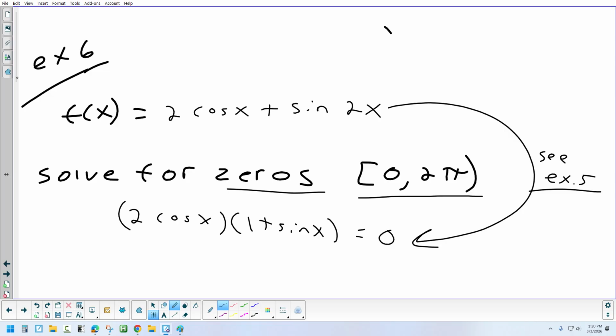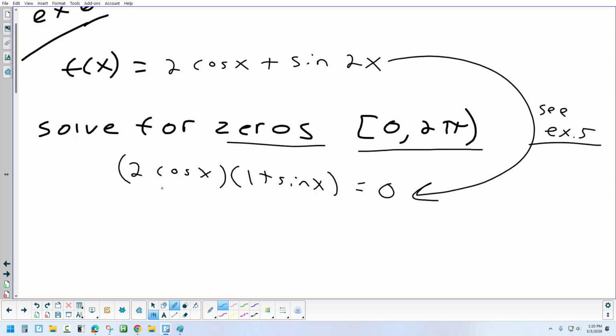Okay. Now, when you have something times something equals 0, what do you do with each factor? It's like it was a quadratic. You take each factor and, yep, set it equal to 0.